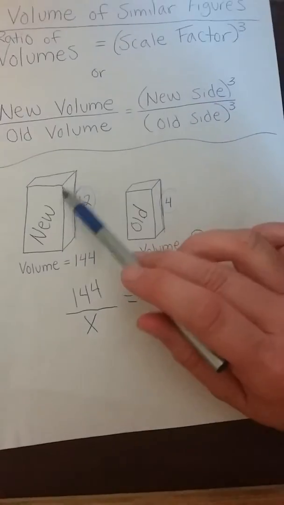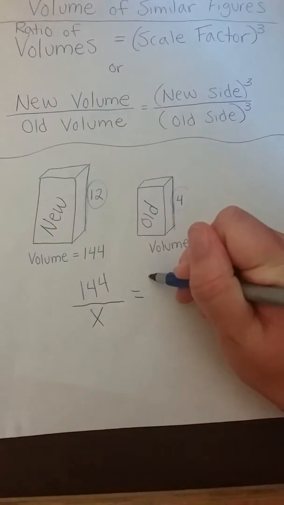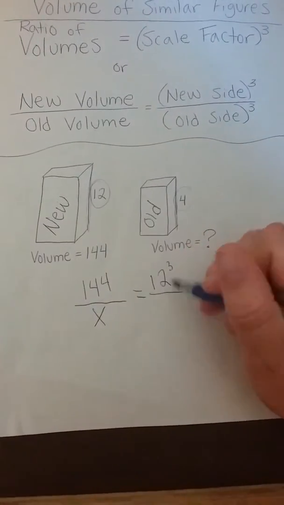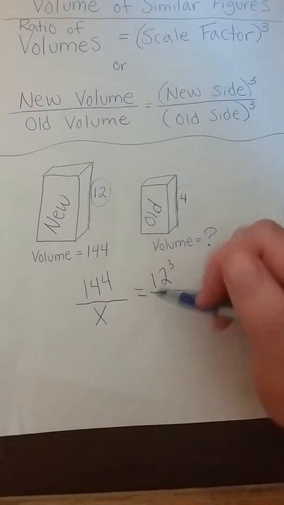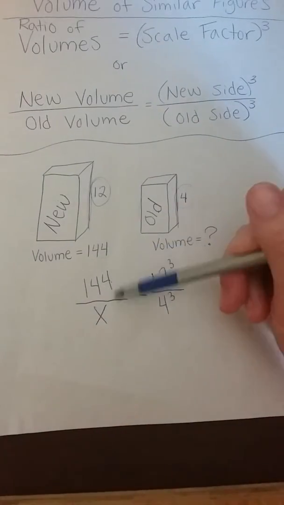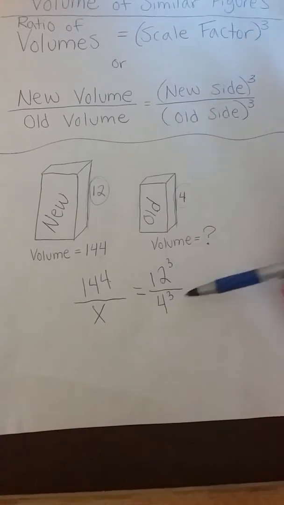So new side, here's my new shape. Here's the side, it's 12. So this would be 12 cubed over my old side cubed. So this is my old shape. Its side is 4, so it's 4 cubed. So I have 144 over x equals 12 cubed over 4 cubed.